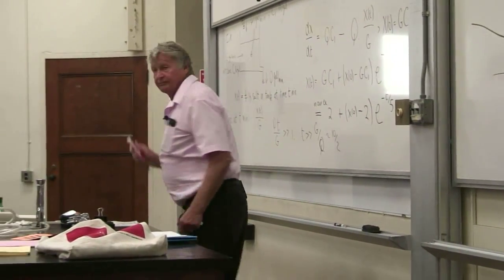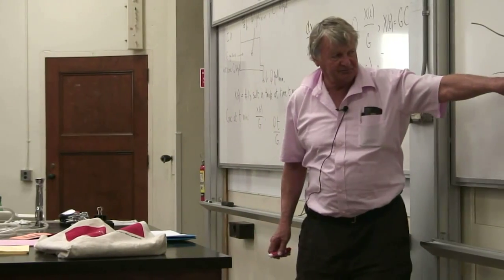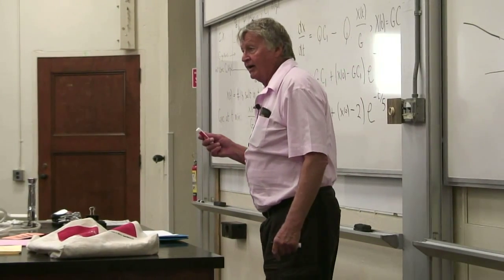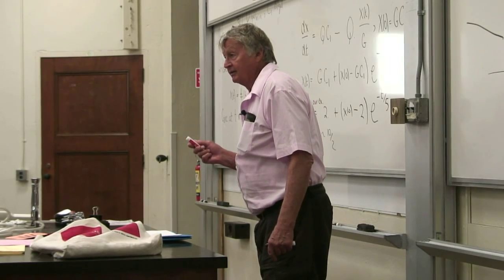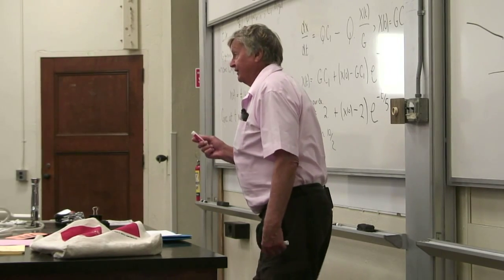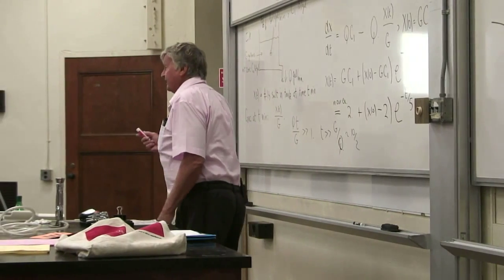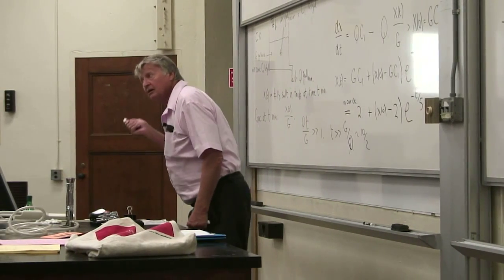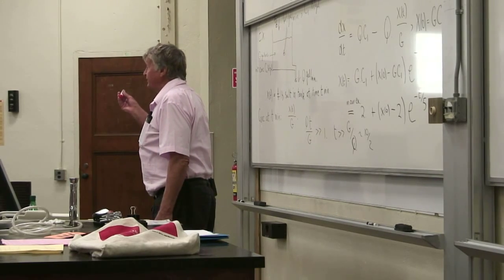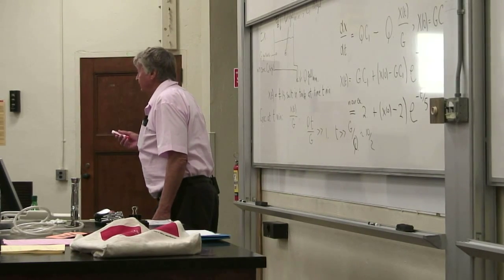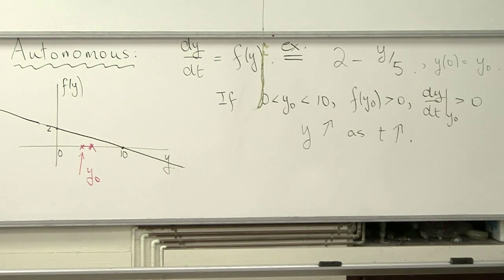At that value, where I've put the new x, is the f of y positive or negative? Positive. dy by dt at the new place is now again positive. So as t increases from this point, what's the y going to do? Increase.